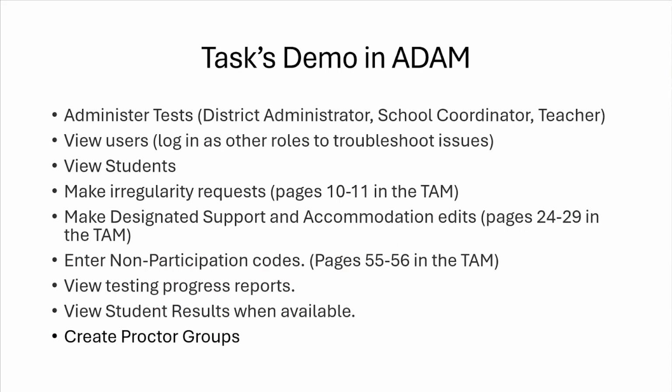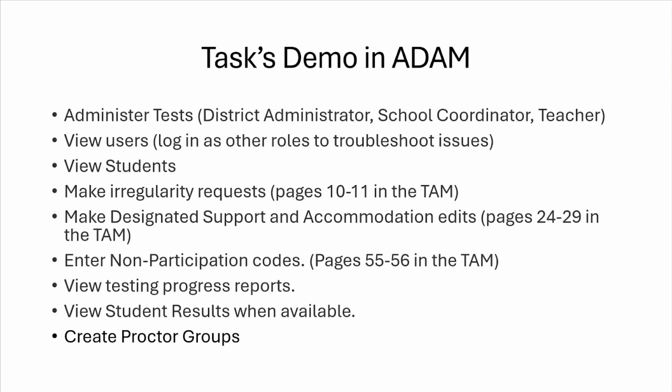These are the specific items I went through in the task in the Atom system. Some of that is more specific in the test administration manual about what types of requests there are with test irregularities and accommodations and so on.